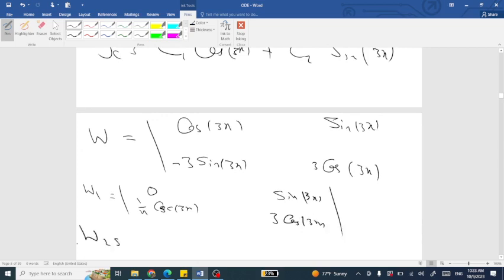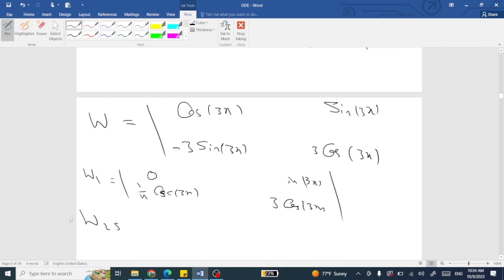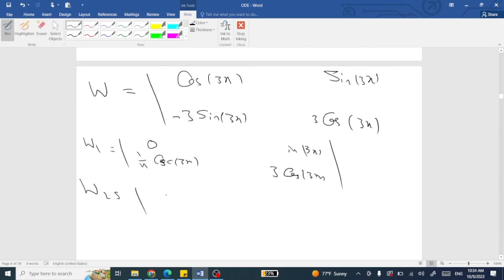W2, later on you will find it. No worries, the same. So cosine 3x, minus 3 sine 3x, 0 and 1 over 4 cosecant 3x. Maybe students who are not good in mathematics, when they see sine, cosine, secant, will leave it. Believe me, it's easy. Just try to do it.